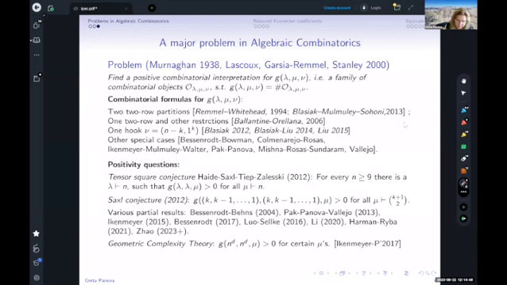This research motivated the study of the rectangular Kronecker coefficient. So this is the partition where the Young diagram looks like a rectangle, an n by d rectangle.